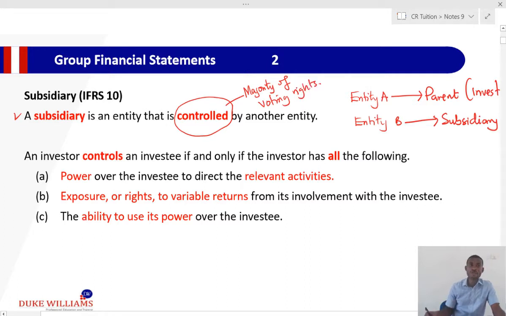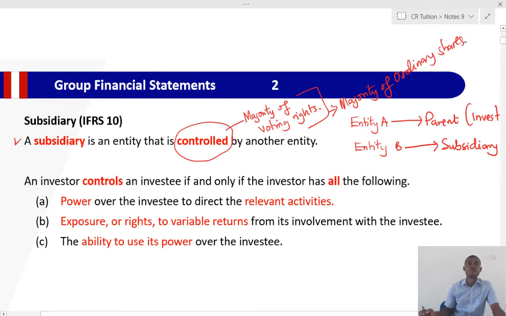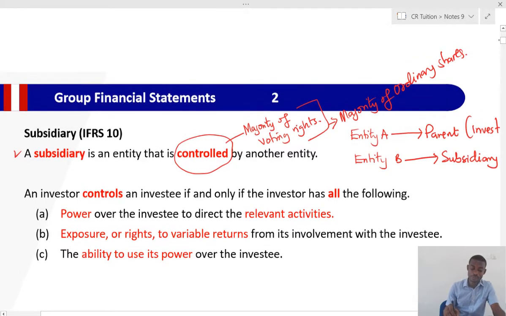The investor has the majority of voting rights. By extension, we can say that the investor owns the majority of ordinary shares. So that is, on the face of it, how we look at control.